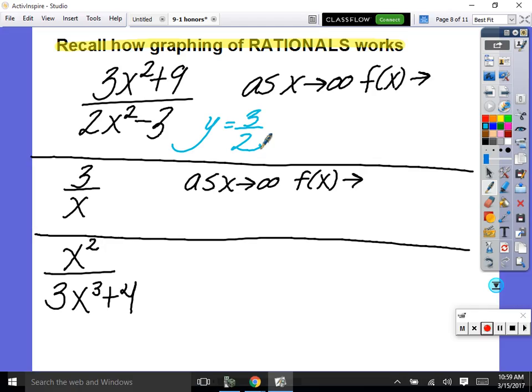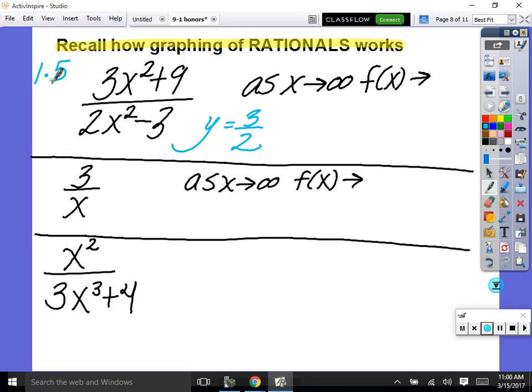Let's even test it out. For example, 3/2 is 1.5, right? Okay, I want you to type into your calculator right now: 3 times 1,000 squared plus 9, divided by 2 times 1,000 squared minus 3. Unless your calculator says error because it's too large, but I think it should work. We're typing in a really large number for x, and let's see if it is really close to 1.5.